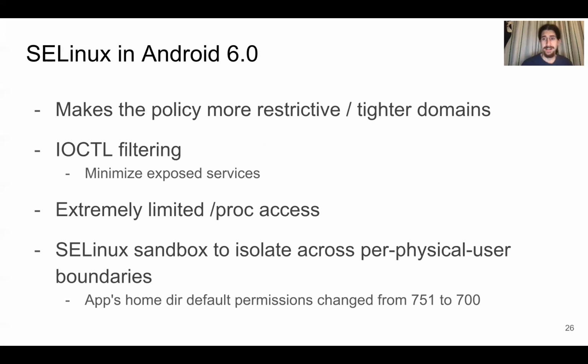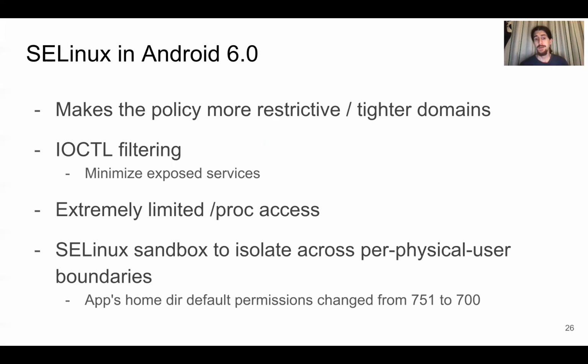In Android 6, they started to make these policies more restrictive. Again, they logged everything, and so they know, hey, we can restrict this aspect a little bit more, and all benign apps are not going to crash, but we potentially could prevent exploitation of bug X and Y. And so we have tighter domains. In Android 6, we also had IOCTL filtering, where the number of exposed services is reduced.